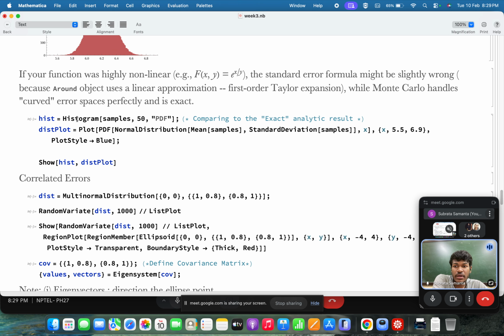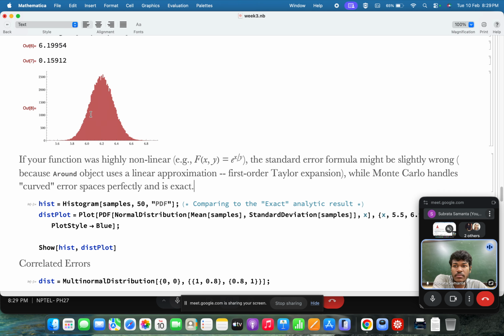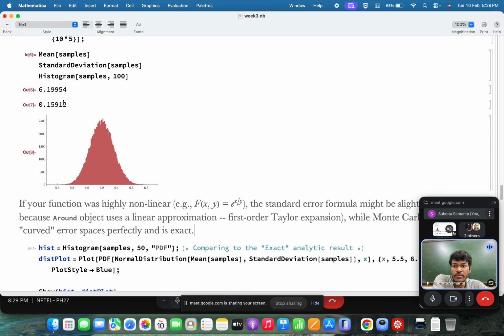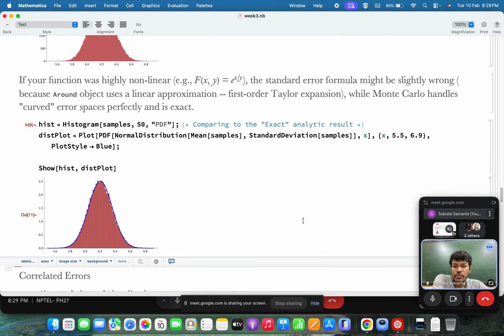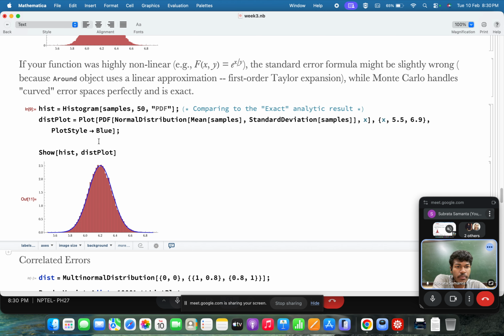First, we again define this histogram. So, this is my histogram. I define this as a hist variable. You see, this is the PDF. So, what is the plot?